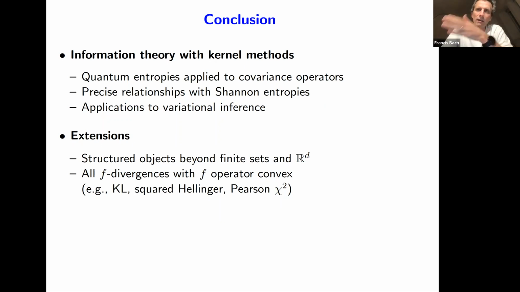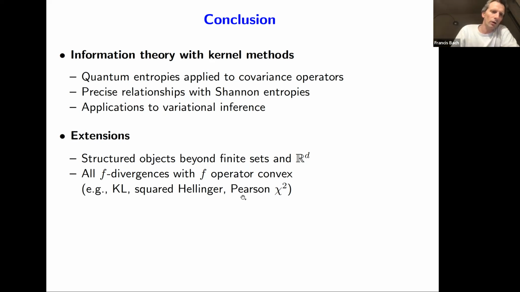So this is the sum not of P log P over Q, but the sum of Q times the function f of P over Q, the function being convex, okay? And KL is recovered with f being lambda log lambda, but you can define f-divergences with any convex f, and you recover, of course, Kullback-Leibler, you recover Hellinger, you recover chi-square, and so on.